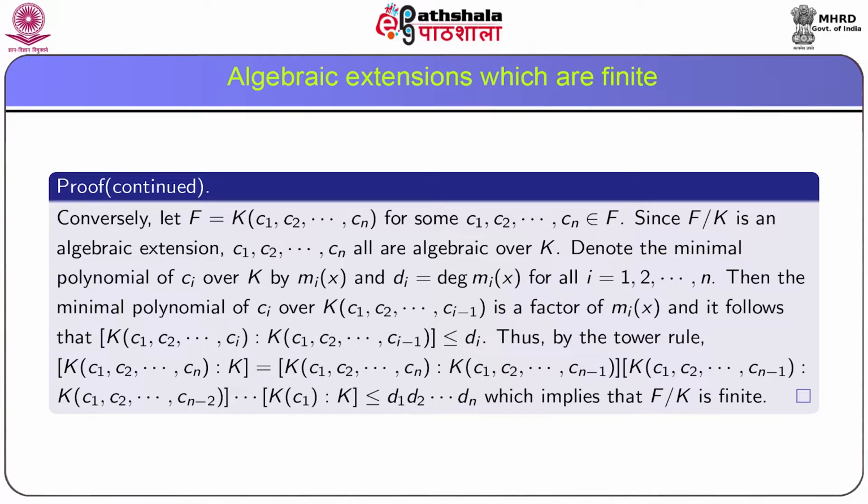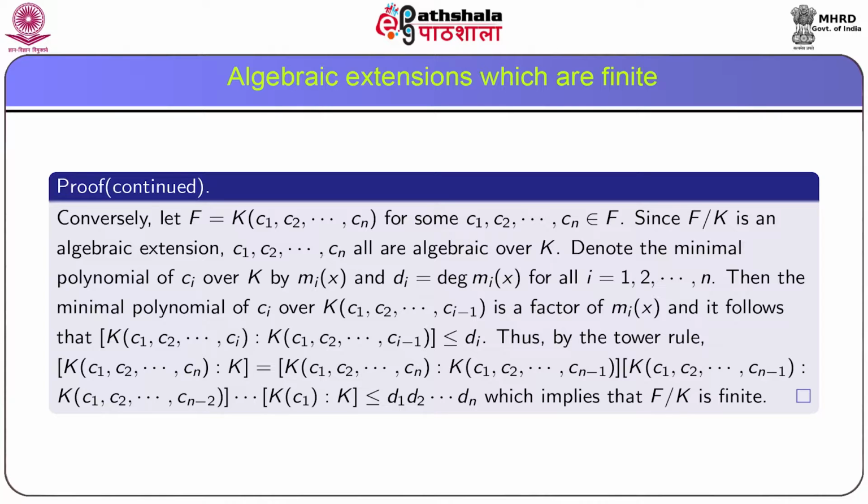Since Ci is algebraic over K and K is contained in K(C1, C2, up to Ci minus 1), Ci is also algebraic over K(C1, C2, up to Ci minus 1), and also we have that the minimal polynomial of Ci over K(C1, C2, up to Ci minus 1) is a factor of mi(x).